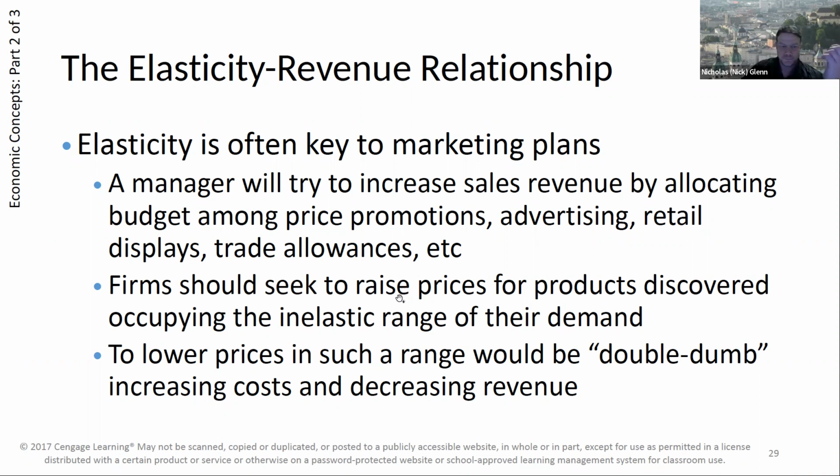But if your price is in an inelastic range, you want to raise prices, because that's not going to decrease quantity demanded that much, and at the same time you're going to generate more revenue because of the higher price. Obviously, if it's an inelastic range, you don't want to lower price, because you're not going to sell any more, and you're getting less for them. So it doesn't make any sense.